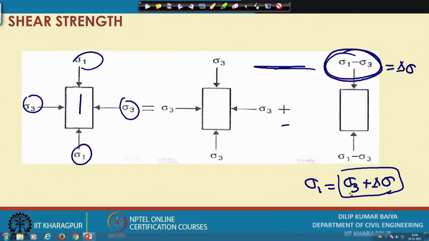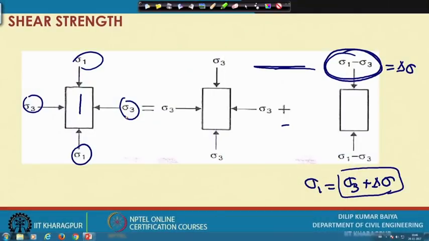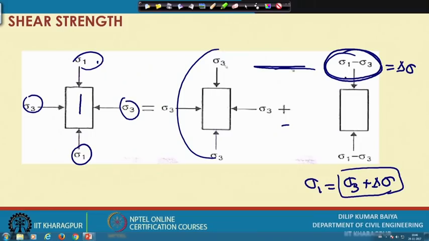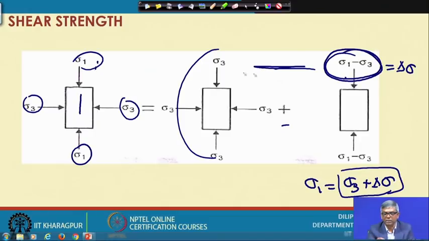So, just before failure, whatever stresses are applied, if I simulate, it will be like this, but we have applied that stress in 2 stages. Initial stage is this, final stage is this. This plus this should be this. So if this is sigma 3, then this will be sigma 1 minus sigma 3, and that is actually delta sigma.